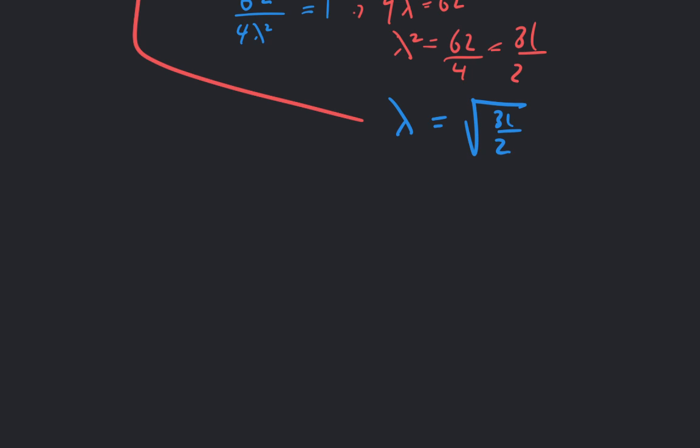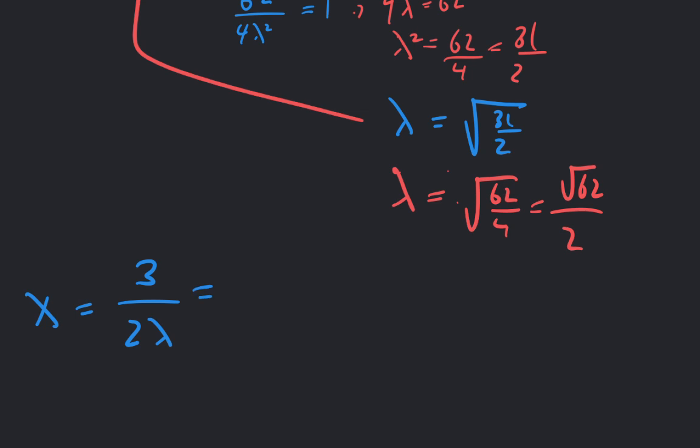I'm also going to rewrite lambda as the square root of 62 over 4, or the square root of 62 divided by 2, because it makes some of them look a lot nicer because we had the 2 lambda. So x was 3 over 2 lambda, and this gives us 3 over 2 times 2 over root 62 is 3 over root 62.